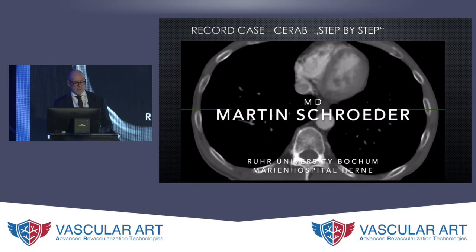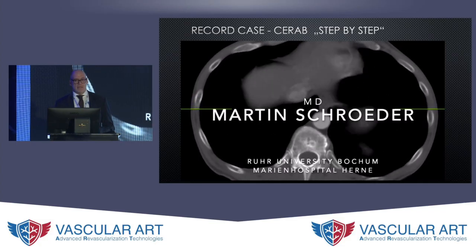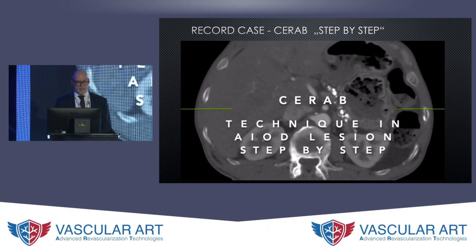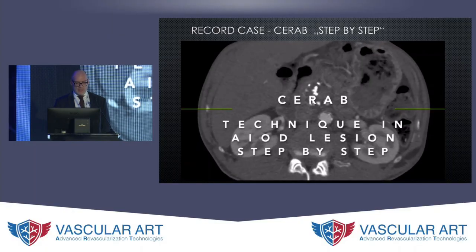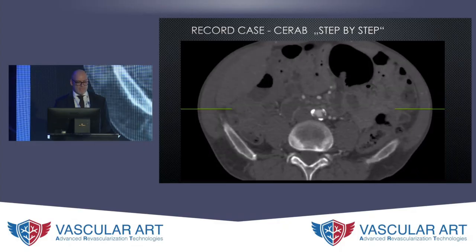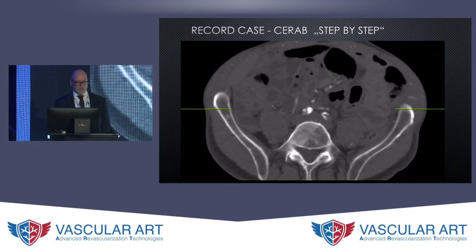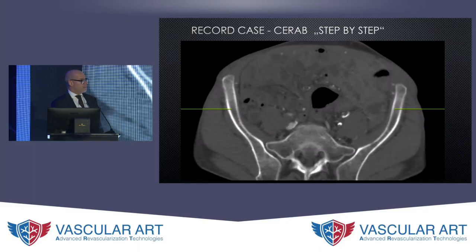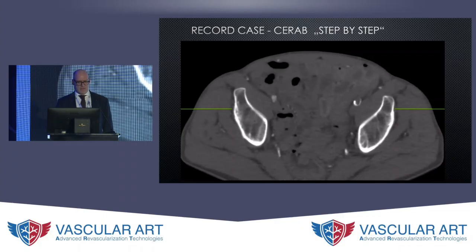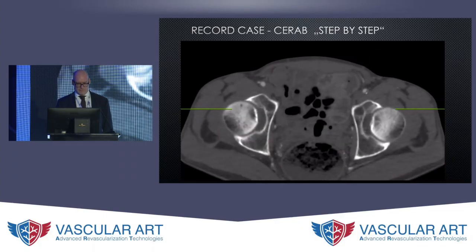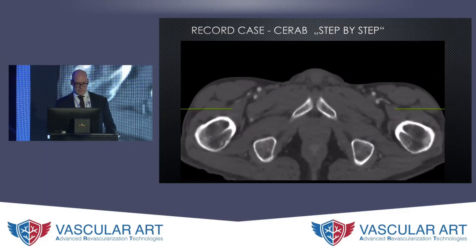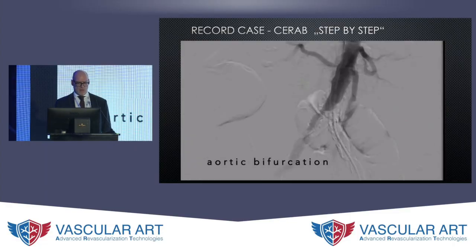It was occluded iliacs on both sides and the infrarenal aortic. And we go to this short video, and then we go into the OR with an angiography. So here's the aortic bifurcation.